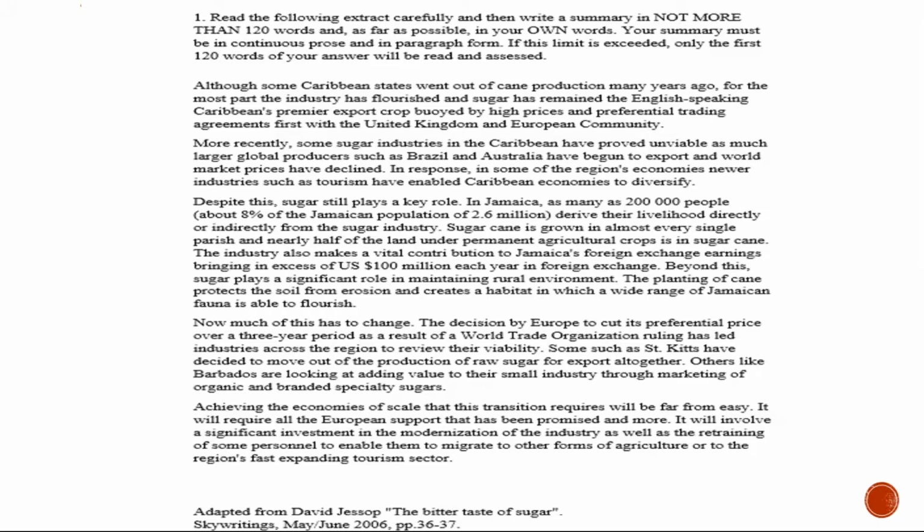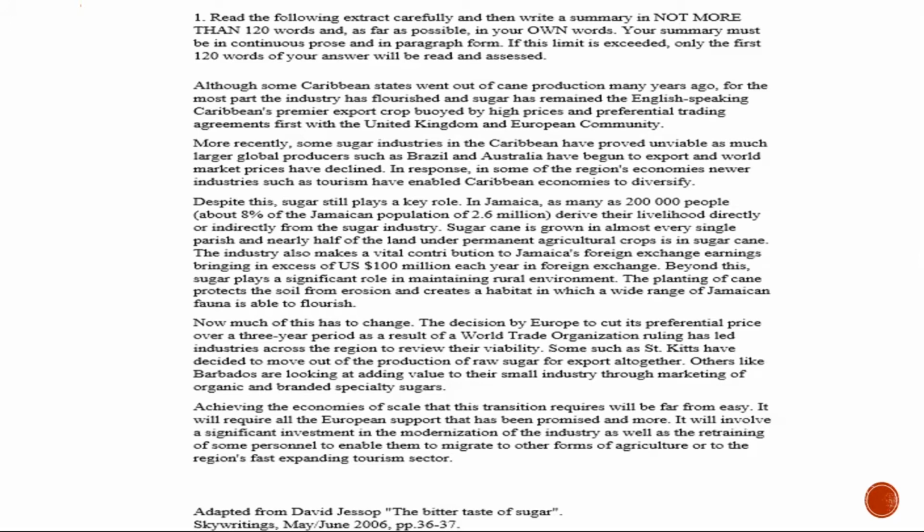The industry also makes a vital contribution to Jamaica's foreign exchange earnings, bringing in excess of US$100 million each year in foreign exchange. Beyond this, sugar plays a significant role in maintaining the rural environment. The planting of cane protects the soil from erosion and creates a habitat in which a wide range of Jamaican fauna is able to flourish.